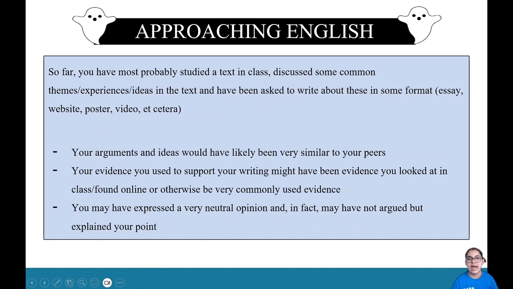Or it may have been more of an informative thing where you are talking about the ideas in the text rather than actually expressing your opinion about it, rather than saying, this is why I think this scene is shot in a particular way in the movie to have a particular effect. That is your personal voice. That is your opinion about it.